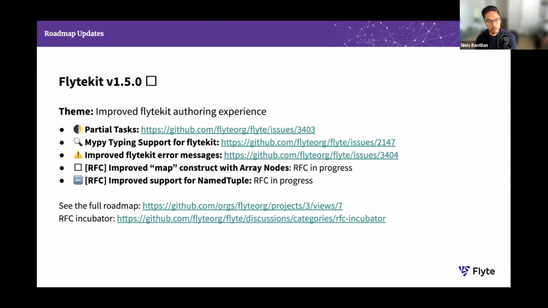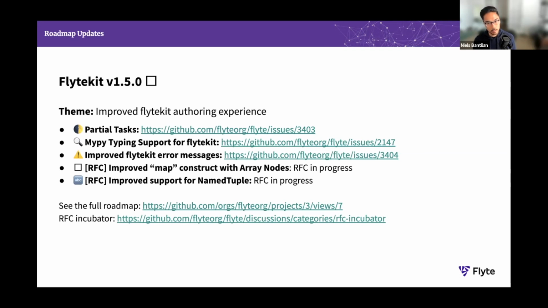We'll post this up on the Flyte Slack for feedback, and we're curious for your thoughts on this. The scope of this hasn't been fully spec'd out yet, but roughly speaking, at a high level, it improves the way map tasks are done. And the last point is improved support for NamedTuple.